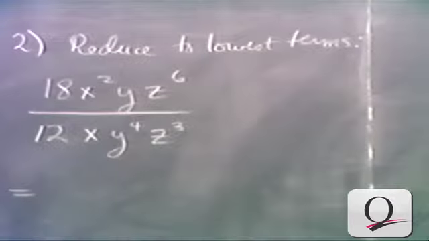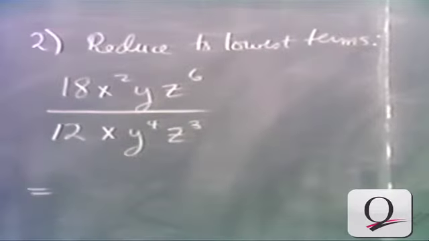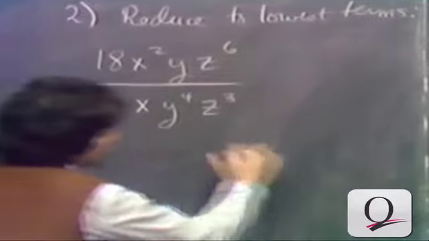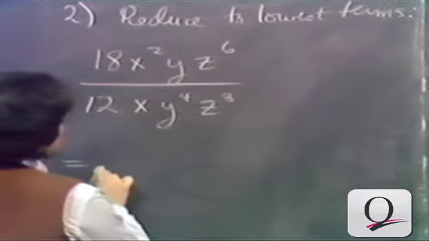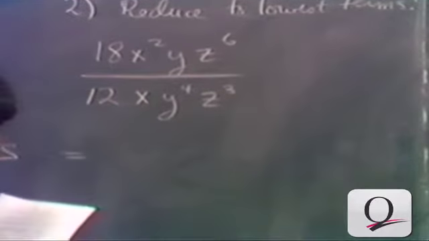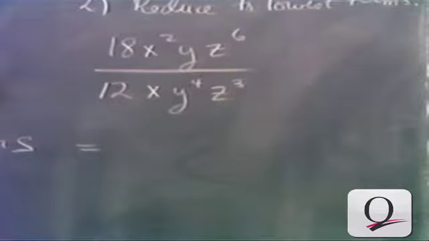What I'm going to do here is to break this up into several smaller problems. We can make this 18 over 12. We could think of factoring both the 18 and 12. What factors do they have in common?